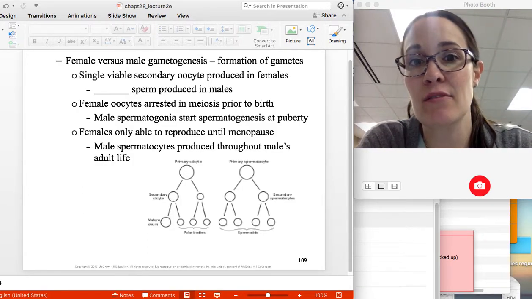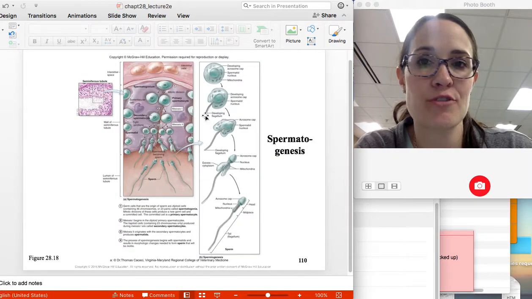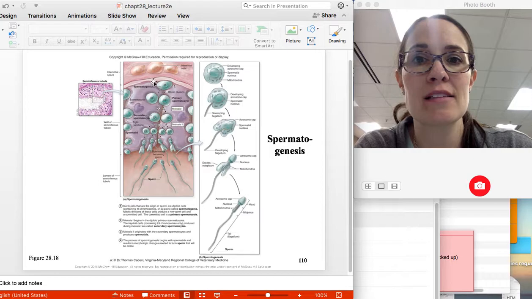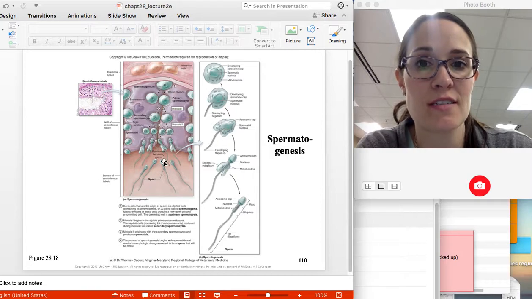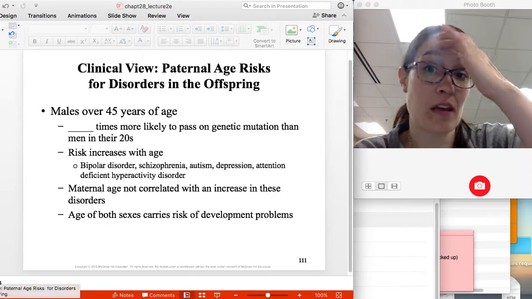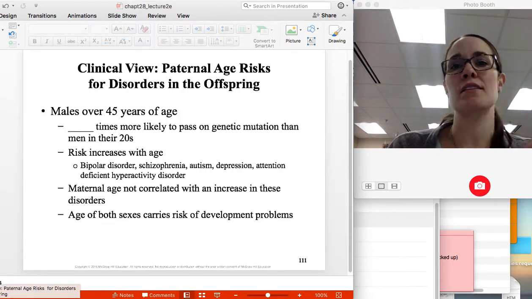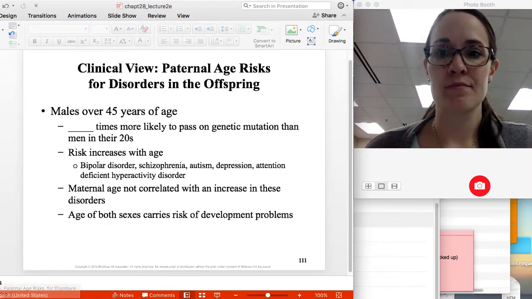And then guys can reproduce throughout their adult life. And this is just a picture showing what I've already talked about. This is the outside of the seminiferous tubule, so undeveloped, and through spermatogenesis, sperm are produced that go into the lumen through meiosis.